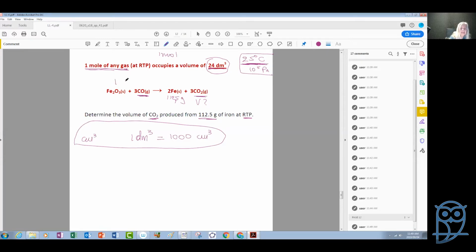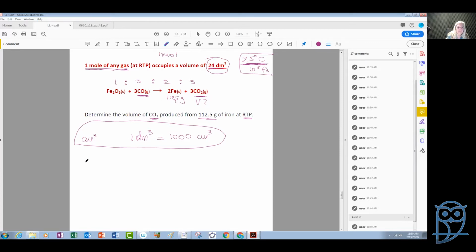We see the ratio of moles that react is 1 to 3 to 2 to 3. Since we start from the iron that is produced and we know its mass, it's good to know how many moles of iron this mass represents, so that we are able to find the actual moles of carbon dioxide produced.